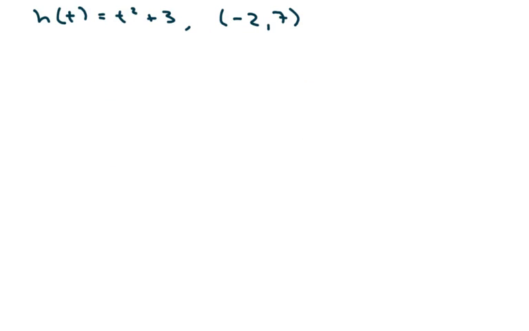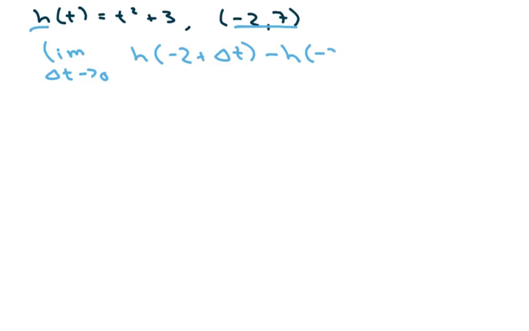Okay, so this one, the slope is at negative 2, 7. So we have the limit as delta t, again, approaches 0. It's h function, so we have h. My x is negative 2 plus delta t, minus h of negative 2 all over delta t.